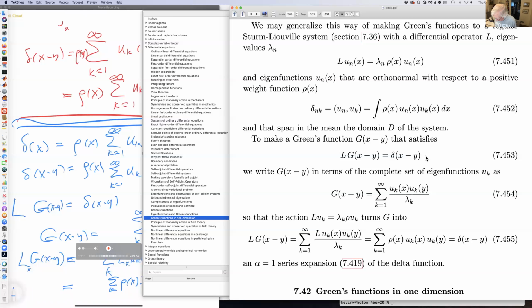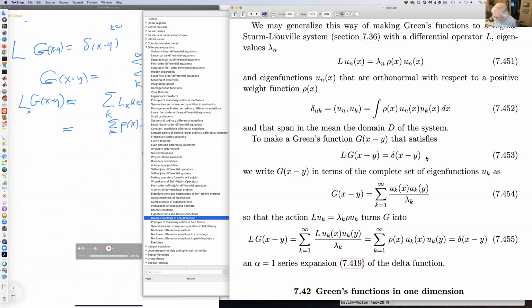That gives us rho lambda k uk, and then a ck there. And now what we want is for this to be the delta function, and that's rho of x sum on k, uk of x, uk of y. So that means that ck must be just 1 over lambda k.